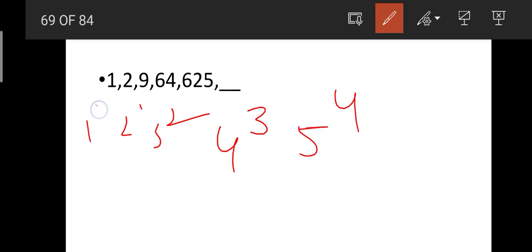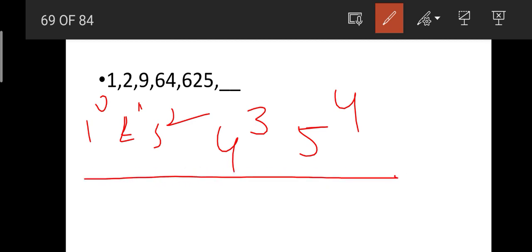So it should be 1 power 0, 2 power 1. They are increasing the powers also, so in order to get our answer it should be 6 power 5. It is 1 power 0, 2 power 1, 3 square, 4 cube, 5 power 4, 6 power 5.